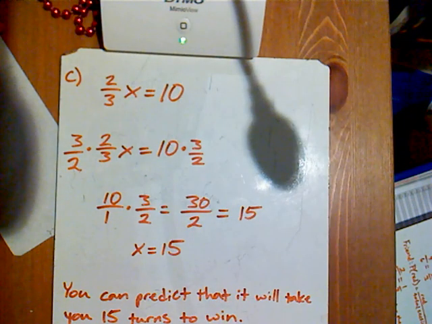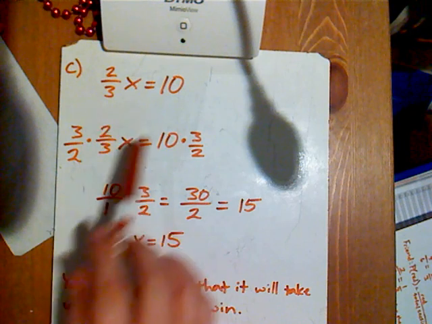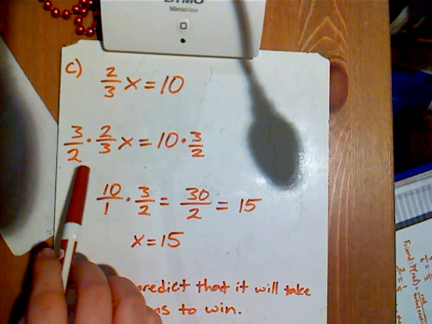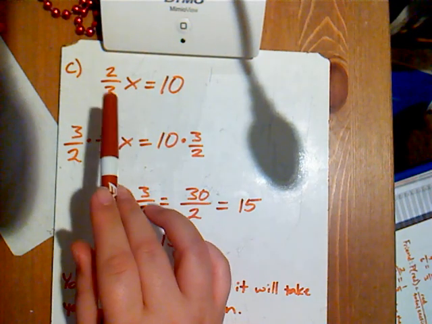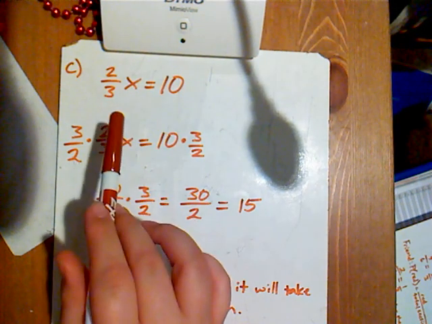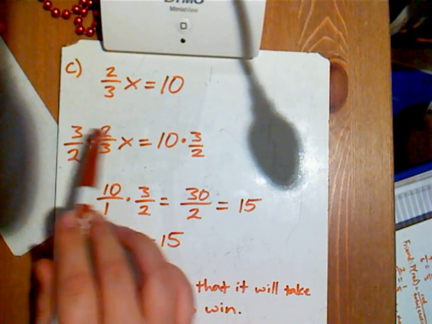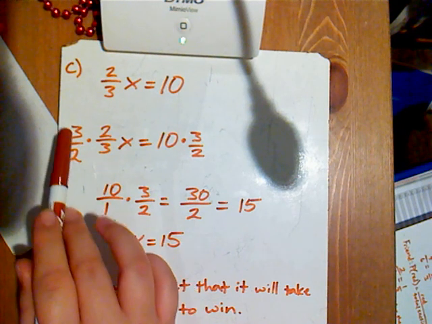So we want to get X by itself because we want to figure out how many times it's going to take you to win. And so we multiply both sides by 3 over 2. Remember, this is multiplying, and so you want to divide. When you divide a fraction, you multiply by its reciprocal. So we're multiplying 2 over 3 by 3 over 2.